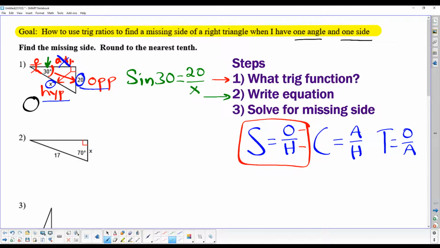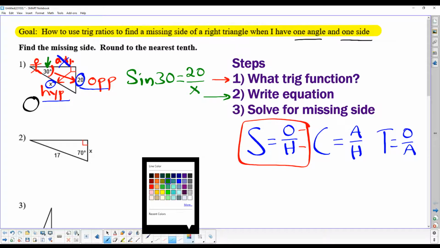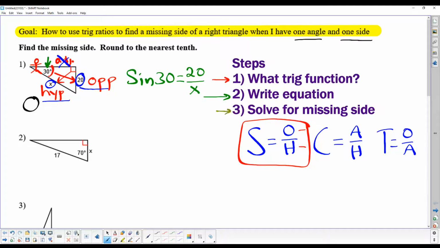I have the equation. Now I'm going to go to the last step. Let's solve it. Well, I want to get x alone. There's a neat little rule in math that when you have a proportion, two fractions that are equal, you can switch the means or the extremes, which means this x can go to here, the sine 30 can go to there, and it's still equal.